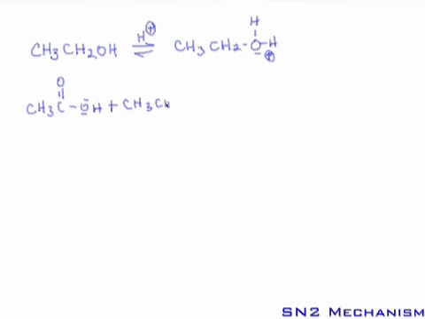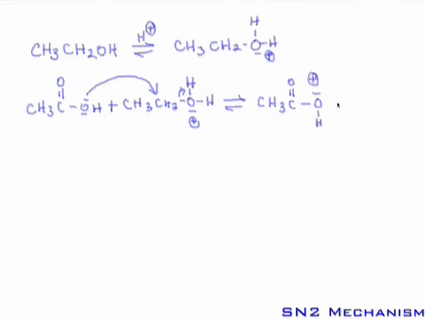Because we have such a good leaving group, and because it's primary, we could go SN2 and kick out water, plus water.